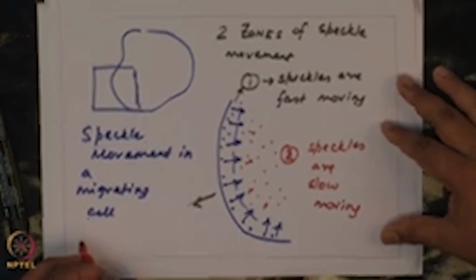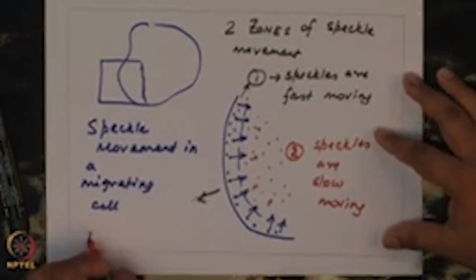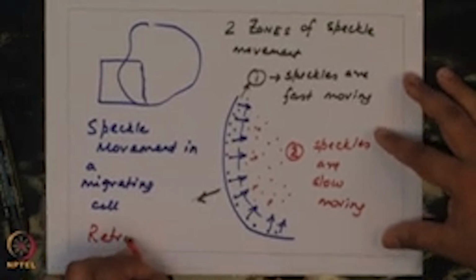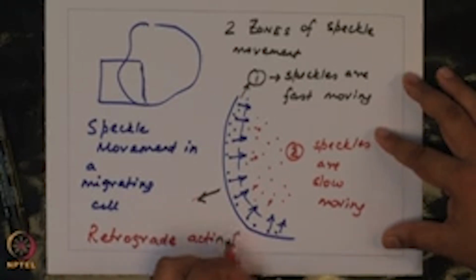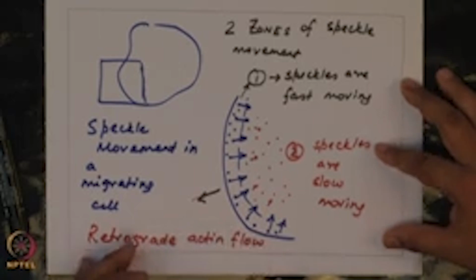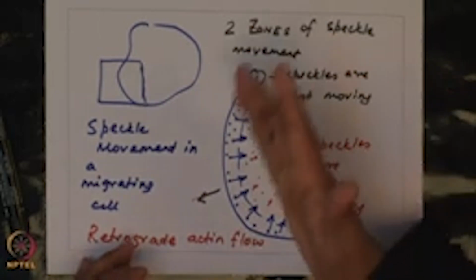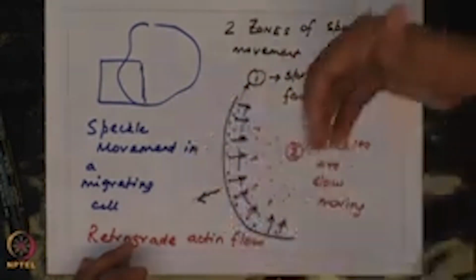So, this inward flow is referred to as retrograde actin flow. All the speckles tend to move inward, that is why retrograde, or backward compared to the direction in which the cells are moving.